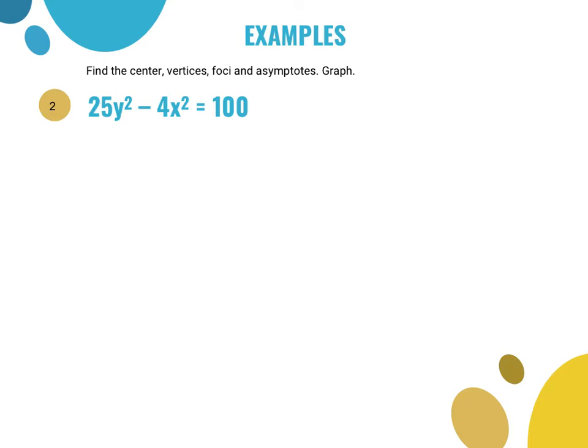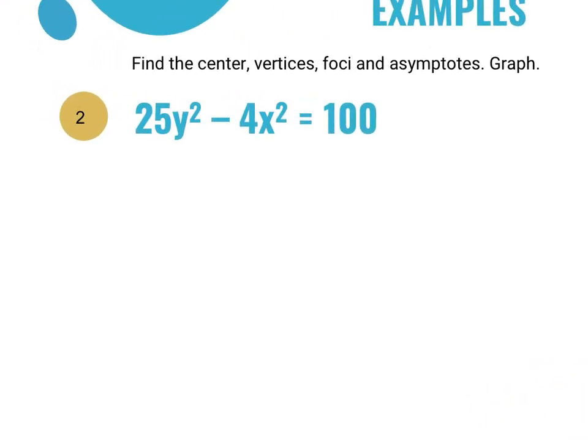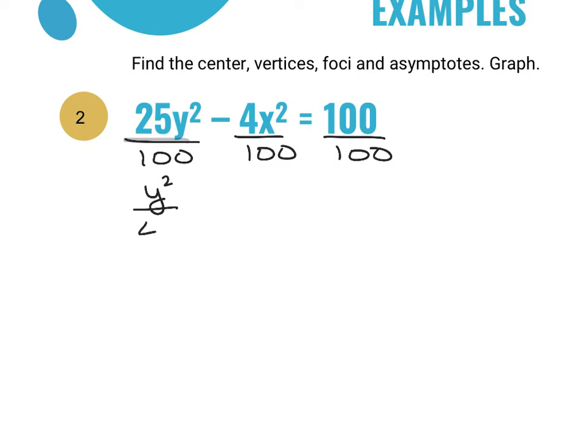Again, we need to set it equal to 1. So the first thing I do is divide everything by 100. So I get y squared over 4 minus x squared over 25 equals 1.